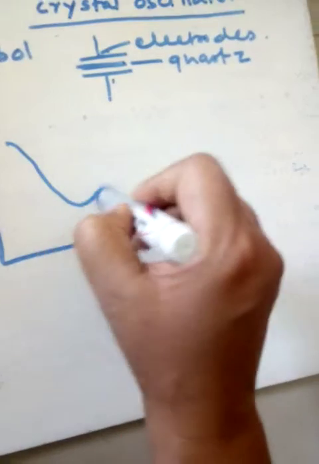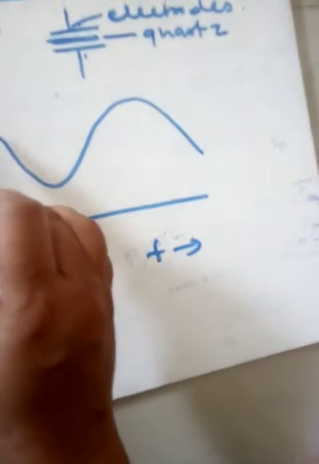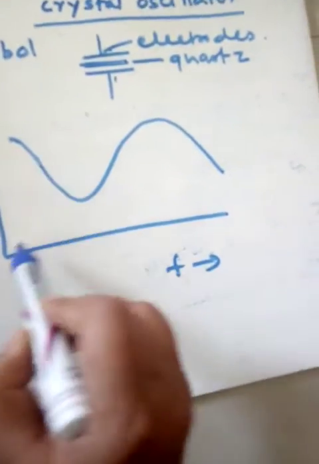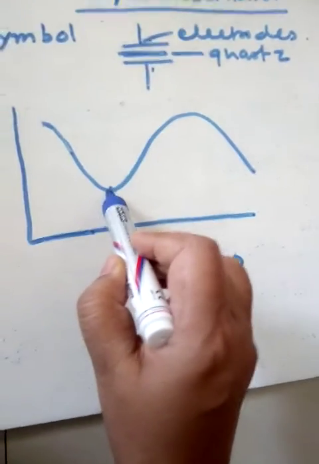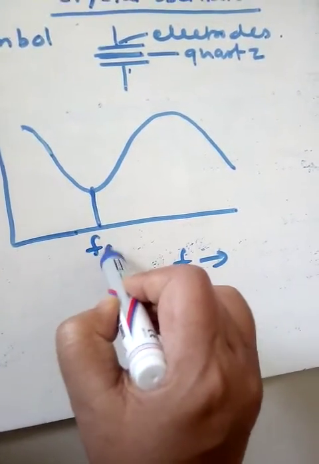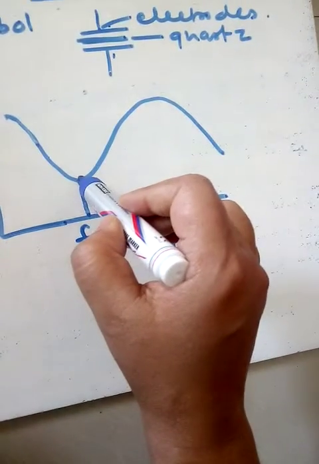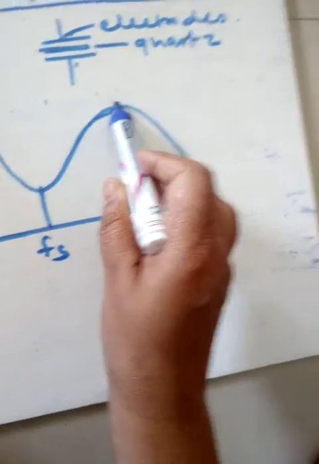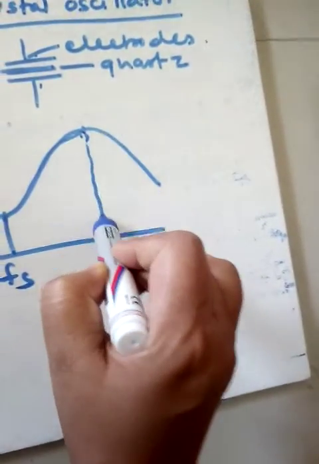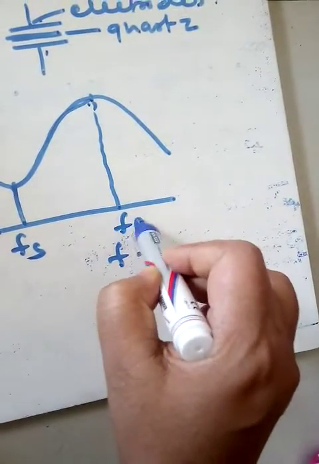As we can see, as the frequency increases, the impedance reduces and it reaches a minimum point, which is the series resonant frequency. Again, when the frequency increases, the impedance increases and it reaches this point, called the parallel resonant frequency.